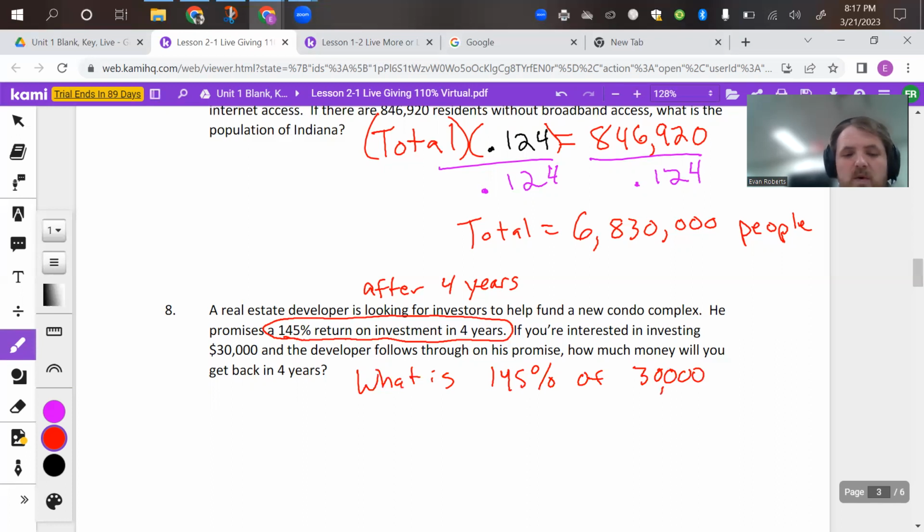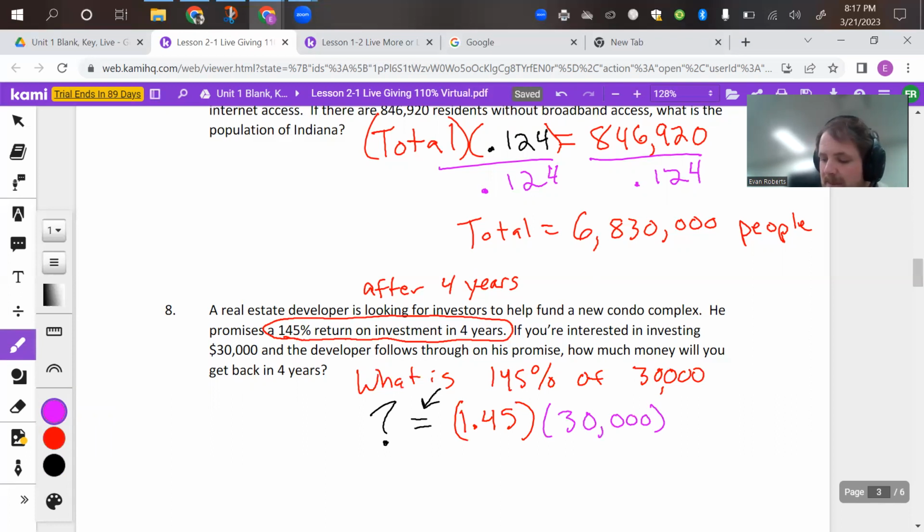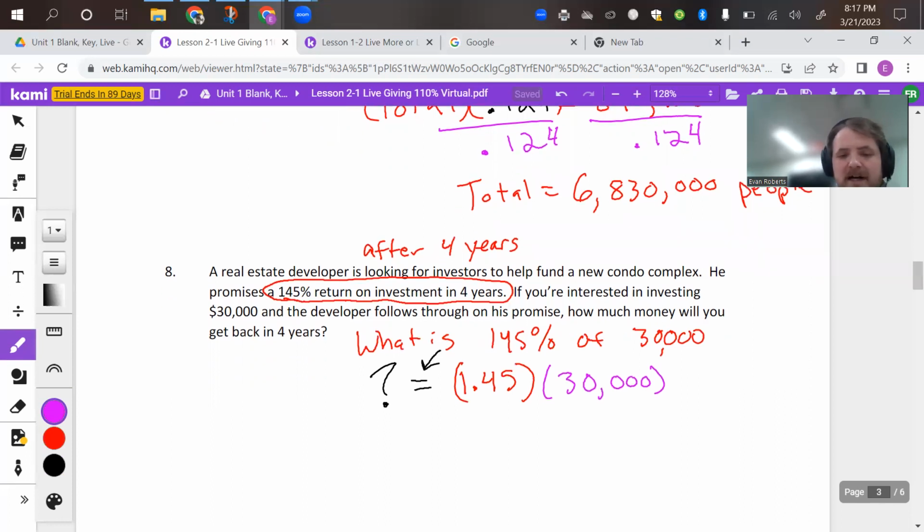So again, that what is means equal. The 1.45, and then that of is 30,000. So that 1.45, to be more specific, times 30,000 would be 43,500.